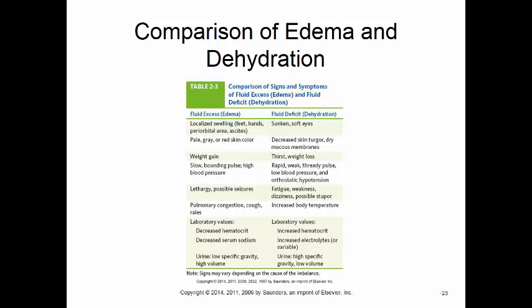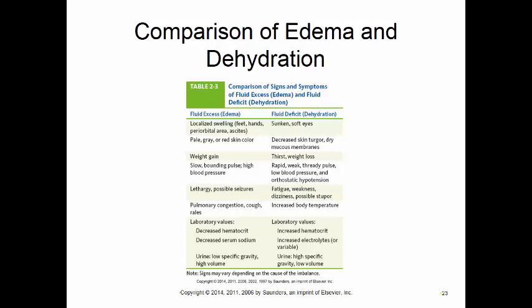Lethargy in both of them, fatigue and weakness, and with edema, it really depends on where the edema is occurring. If it's in the lungs, it can cause pulmonary congestion, cough, and rales. And let's look at the laboratory values right quick.